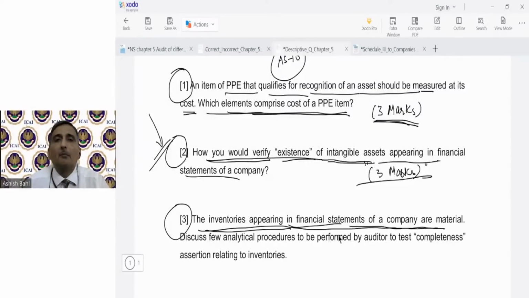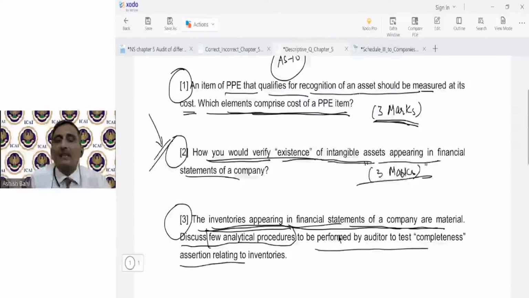Yes, Rahul, please tell me whether things are getting clear to you. The inventories appearing in the financial statements of a company are material. Now discuss a few analytical procedures to be performed by the auditor to test the completeness assertion relating to inventories.